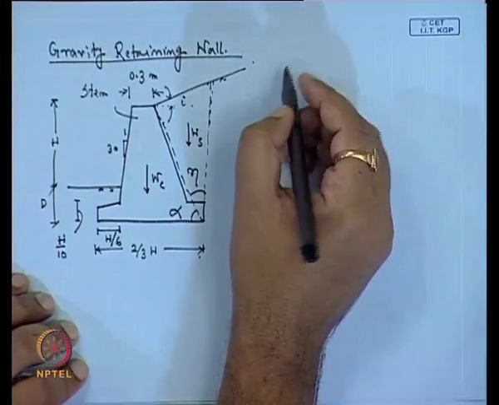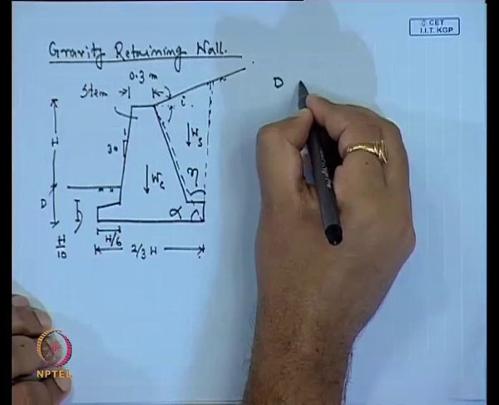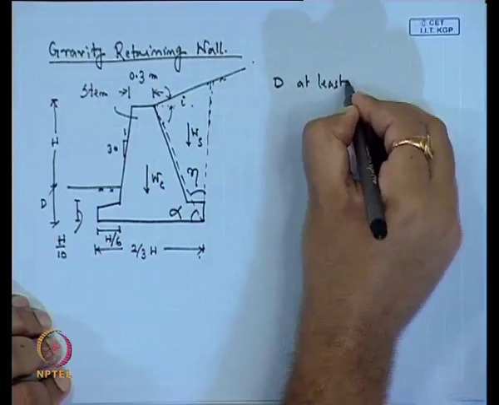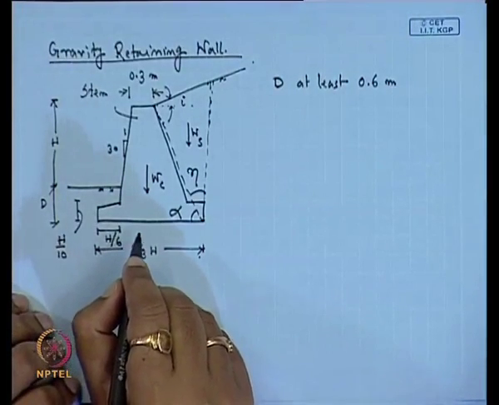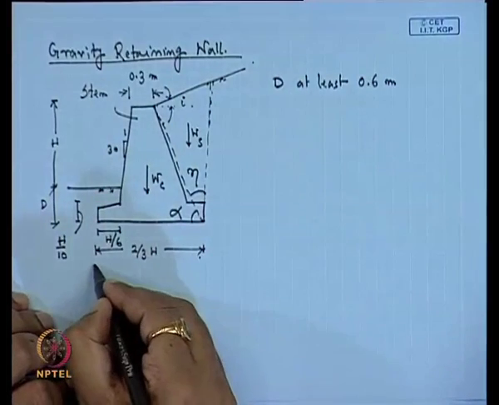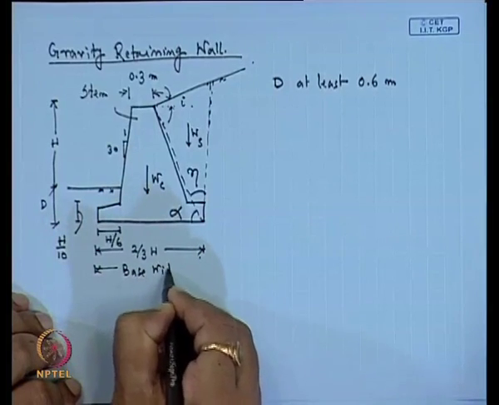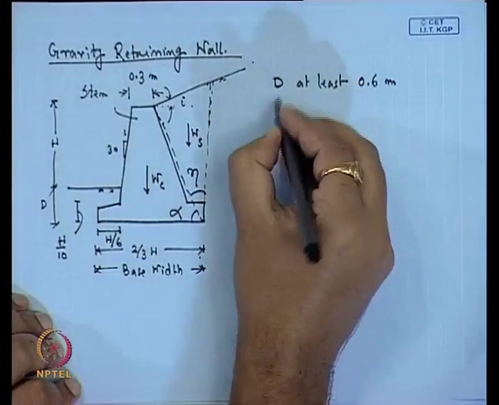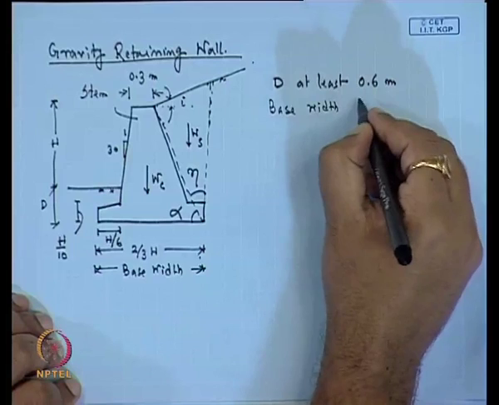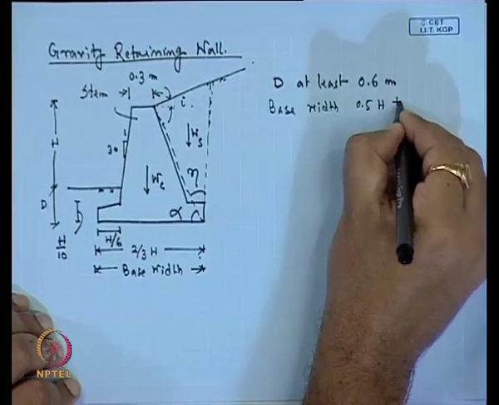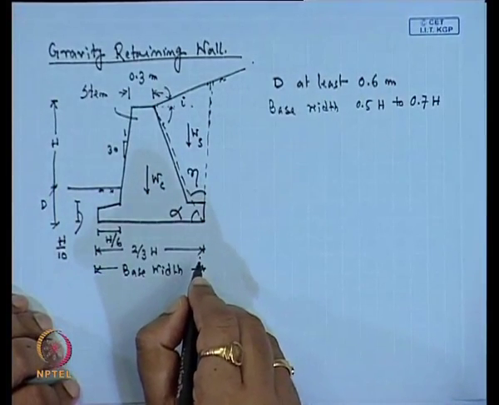This D value should be at least 0.6 meter. We have to provide this D value at least 0.6 meter. As for the base width of the retaining wall, we can consider between 0.5 h to 0.7 h.